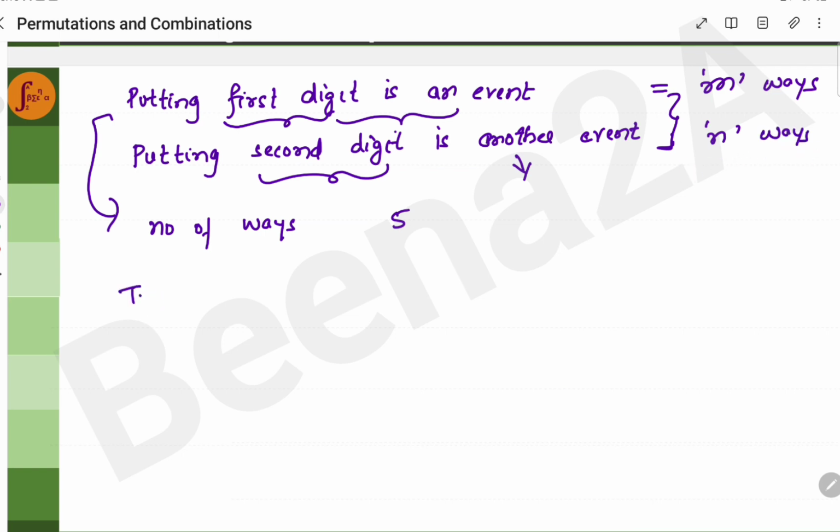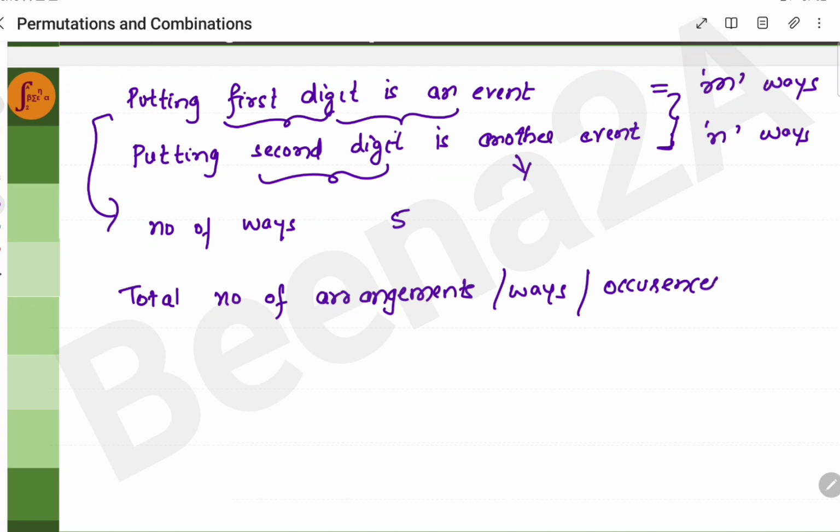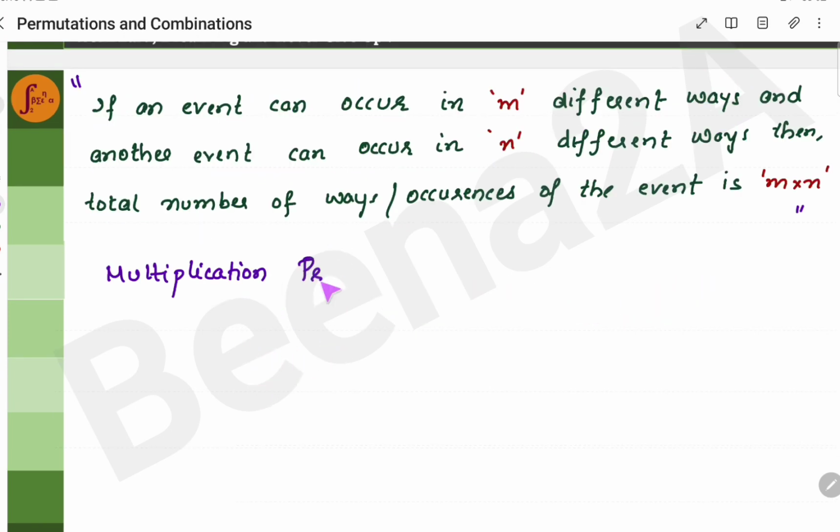Then what is the total number of arrangements, or ways, or occurrences, or outcomes? Anything, right? The total number would be m into n. This is nothing but the multiplication principle of counting.